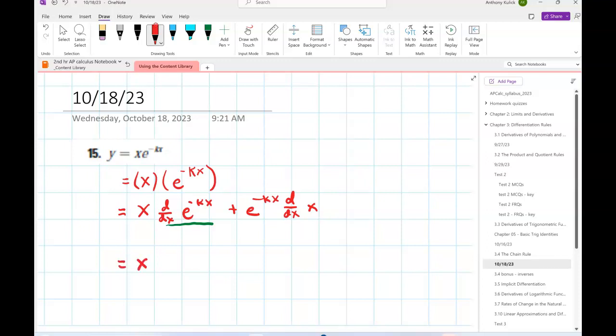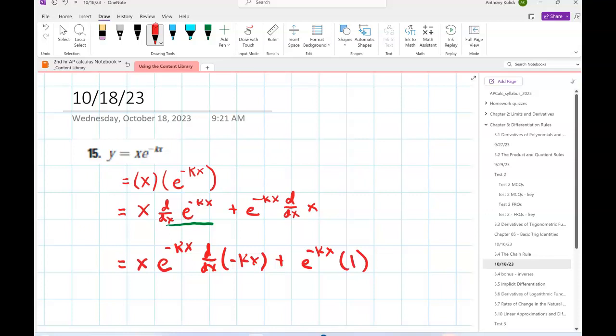So to apply the chain rule, the derivative of the outside is e to the x, and the inside just stays the same. And then it's times the derivative of the inside. We'll do that in a second. The derivative of x is just 1, so that's easy.